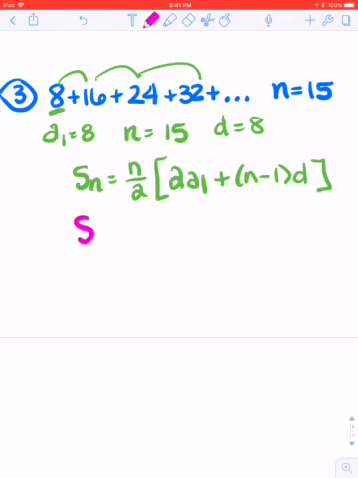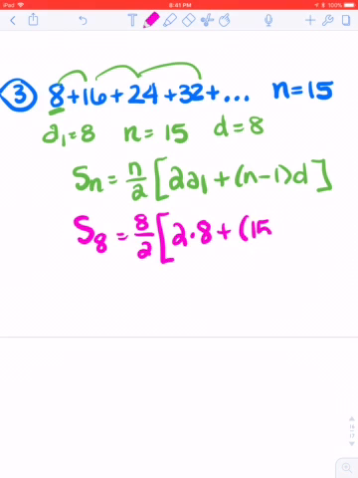So if I know my n value is 8, I'm going to put 8 in where n is at. A sub 1 is 8. Oh, wait, let's backtrack here. My n was 15.